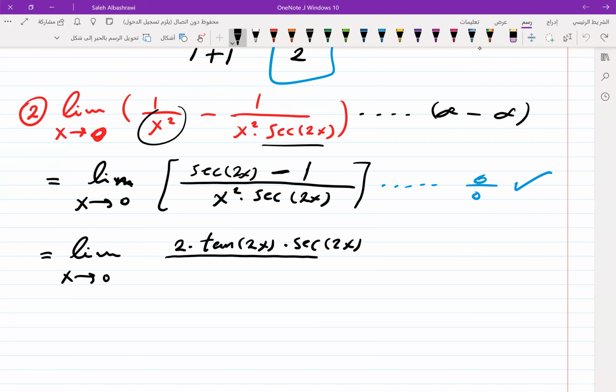And for the derivative of the denominator, we apply the product rule: it is 2x multiplied by secant 2x, plus the derivative of secant 2x, which is 2 tangent 2x multiplied by secant 2x, multiplied by x squared.